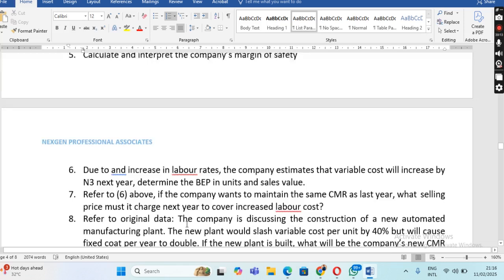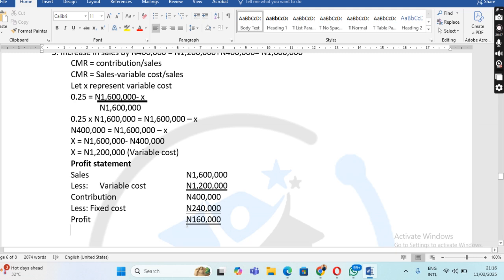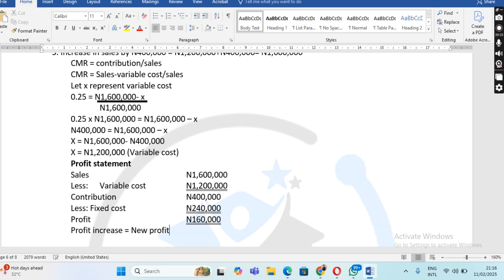Now, we move like this, right? So we can simply put it as profit increase is equal to new profit minus old profit, right?